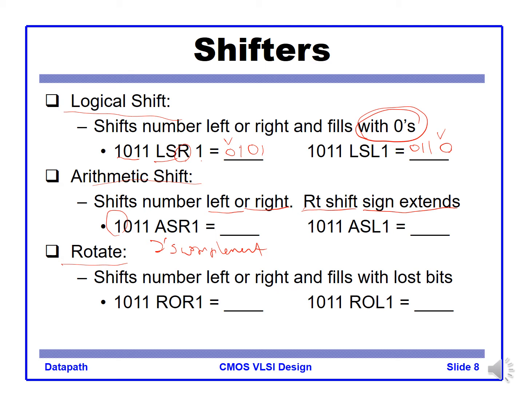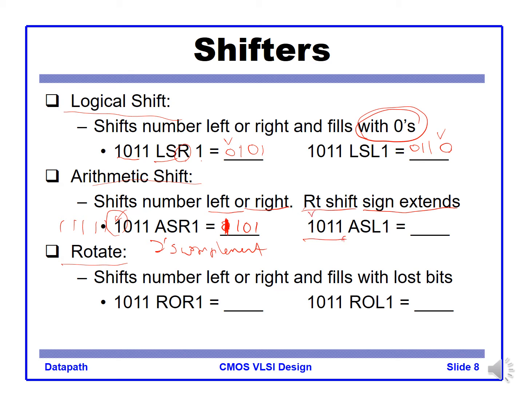For example, let's say shift right. For the case where this is a negative number, we extend the sign. We assume that the 1 is the extended value. So 1 1 0 1. This is the arithmetic shift right. And for the arithmetic shift left, it's a little tricky here.